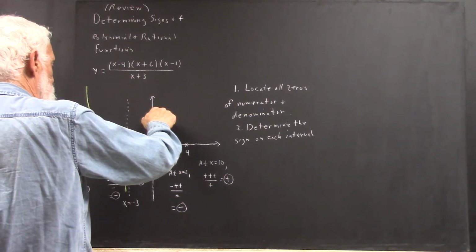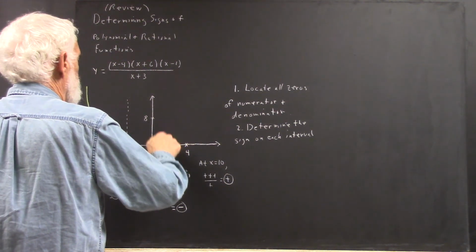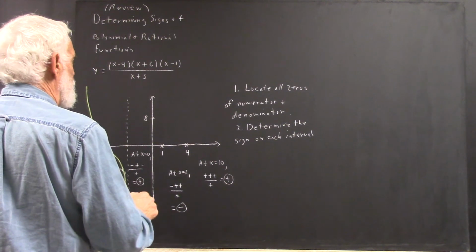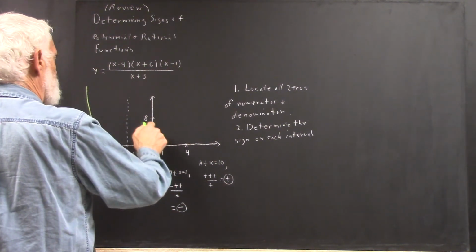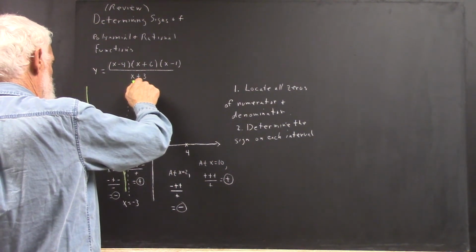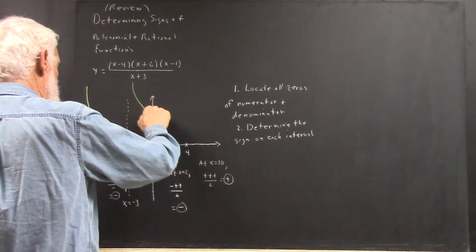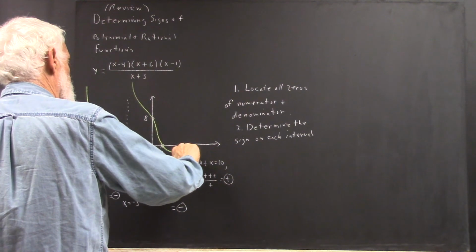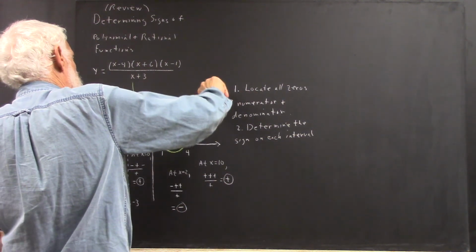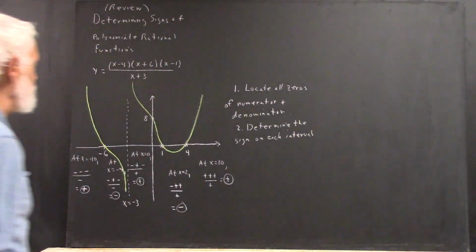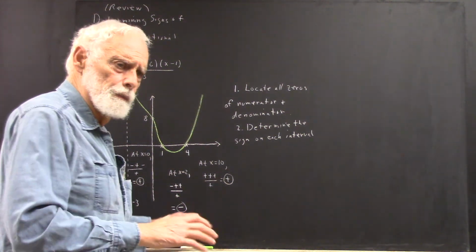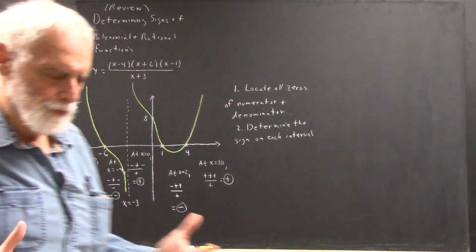Going to have to go through the y-intercept at 0, 8, then through the x-axis at 1, 0. So it's going to come down from way up here. It might do this. It's going to go negative here, and then it's going to go positive here. Might well look something like this. But I'm not going to go into big discussion of that, that's done elsewhere.